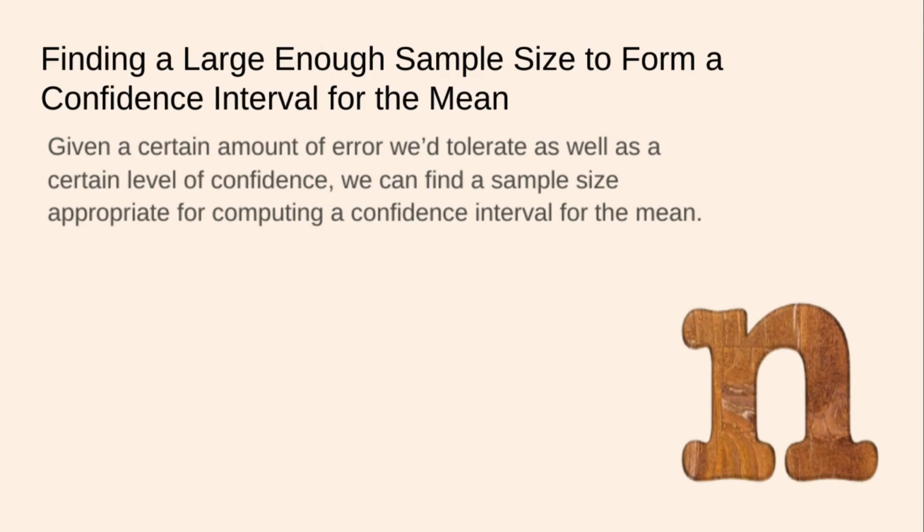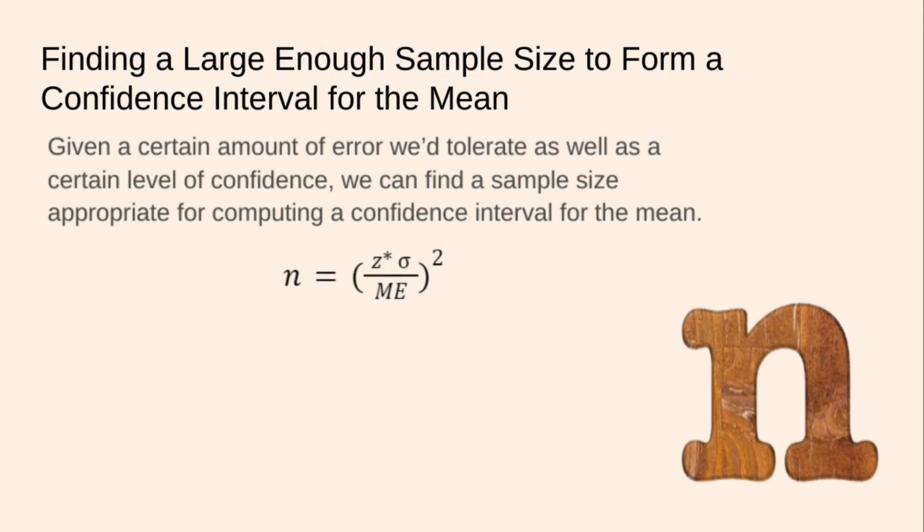So given a certain level of confidence and a certain amount of error, how wide our interval is on either side of the sample mean, we can find a sample size to get us a confidence interval that fits both desirable characteristics, high confidence and small error.